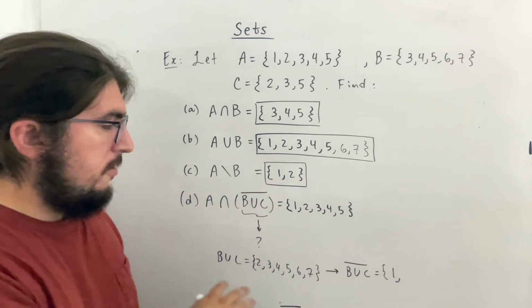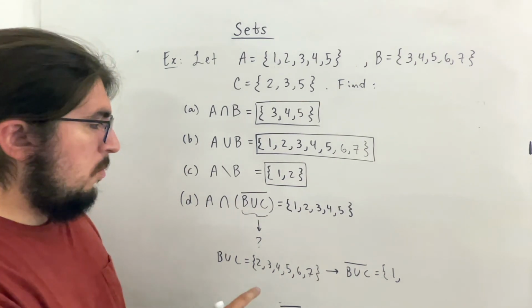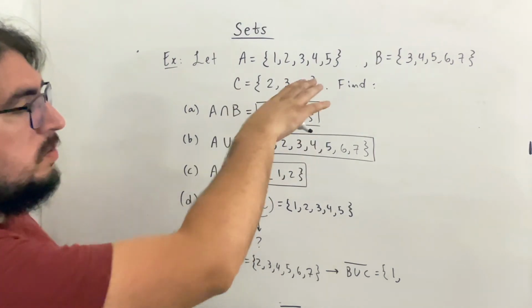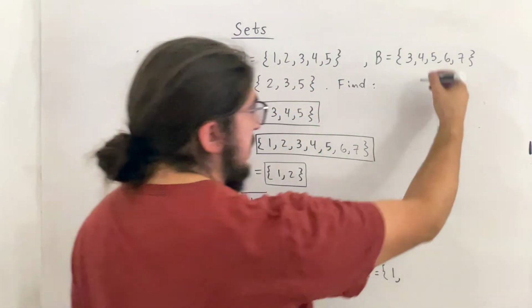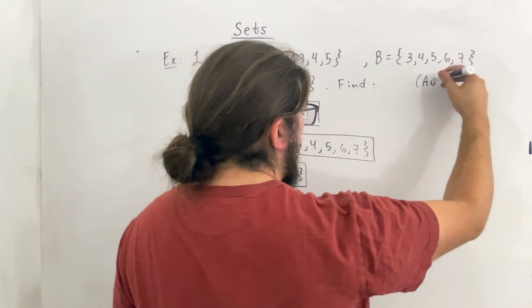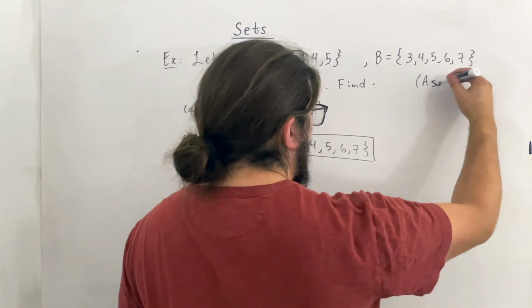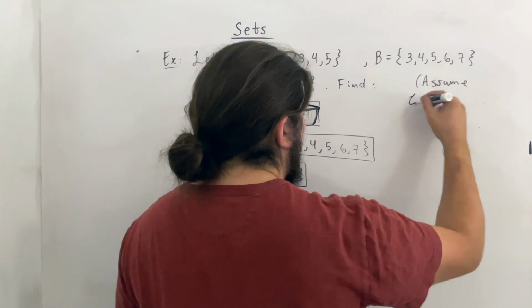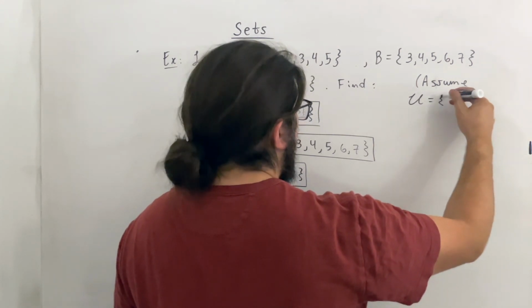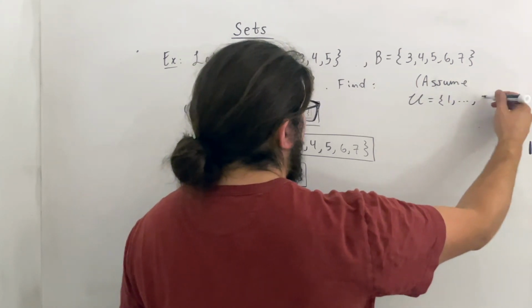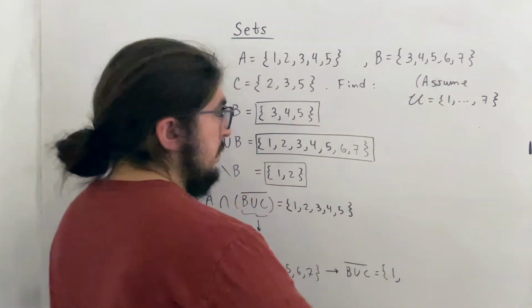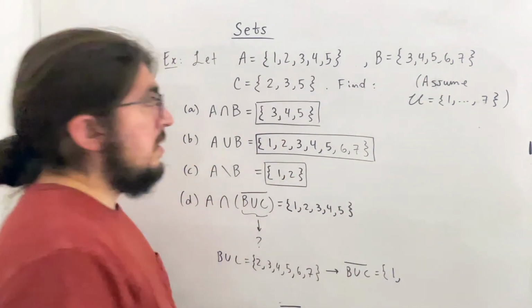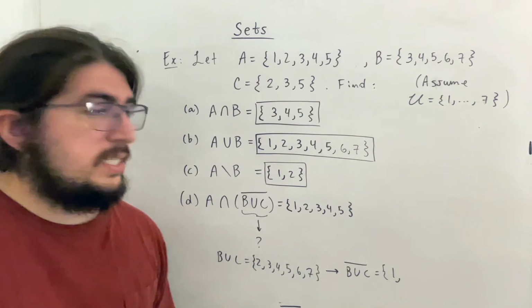So this is a little weird for me to describe, but of all the numbers we've seen here, let me assume, which is not a really good thing to do in this case, that our universe set U is the set of all numbers from 1 to 7, which I think is an okay assumption here because these are the only integers that we're considering.